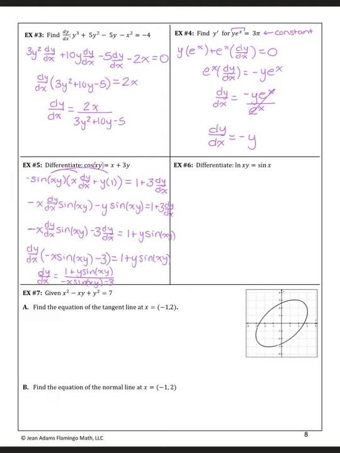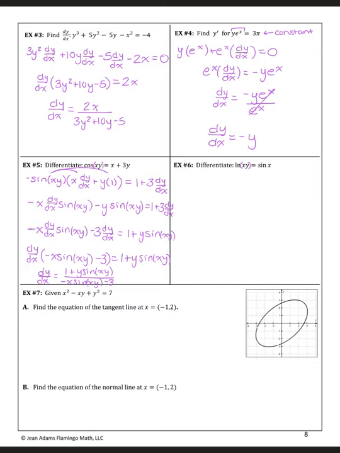Now looking at example 6, differentiate the natural log of xy is equal to sine of x. If you remember, the derivative of a natural log is 1 over whatever's inside the natural log. In this case, because what's inside the natural log is a product, we will have to use chain rule and product rule.